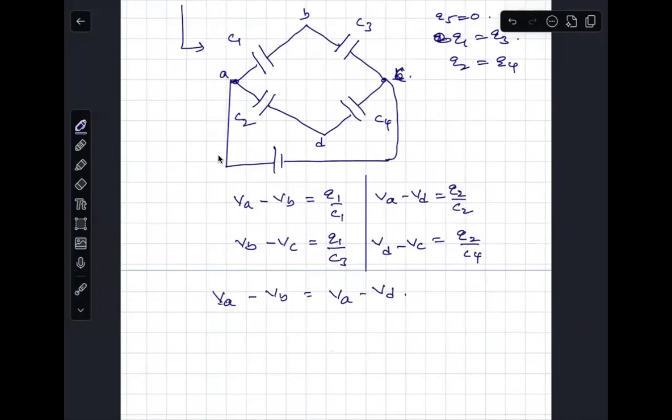Tell me. Because VB is equal to VD. We have adjusted the C1, C2, C3, C4 values like that. Similarly, VB minus VC is the same as VD minus VC.